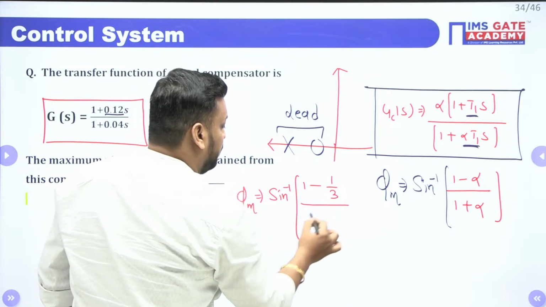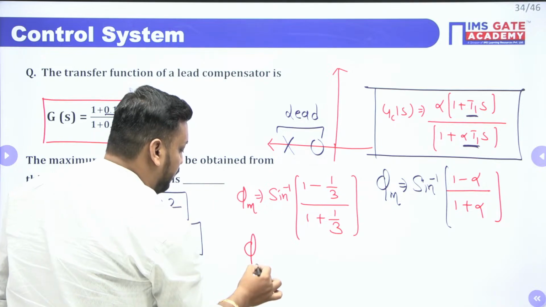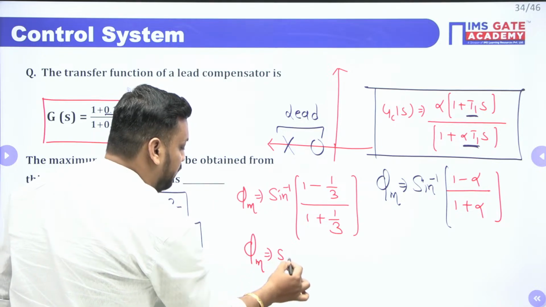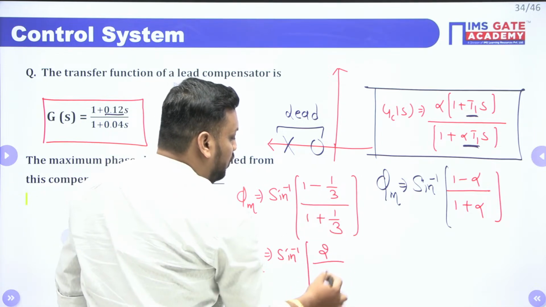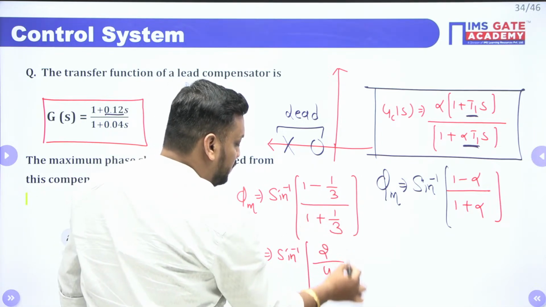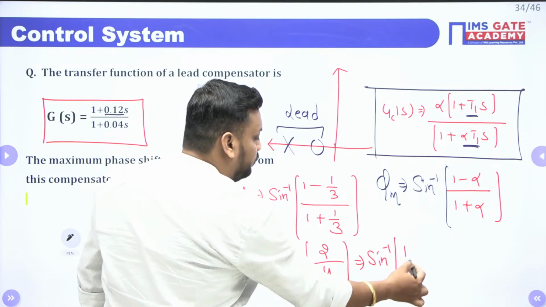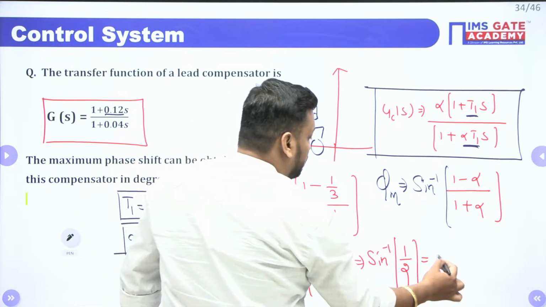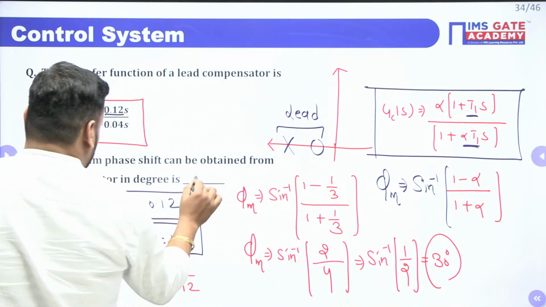So 1 by 3 upon 1 plus 1 by 3. Ultimately phi m equals sine inverse of 3 minus 1, that is 2, upon 3 plus 1, 4. Sine inverse 1 by 2 is nothing but 30 degree. Is it clear? So the correct answer for this question is 30 degree.